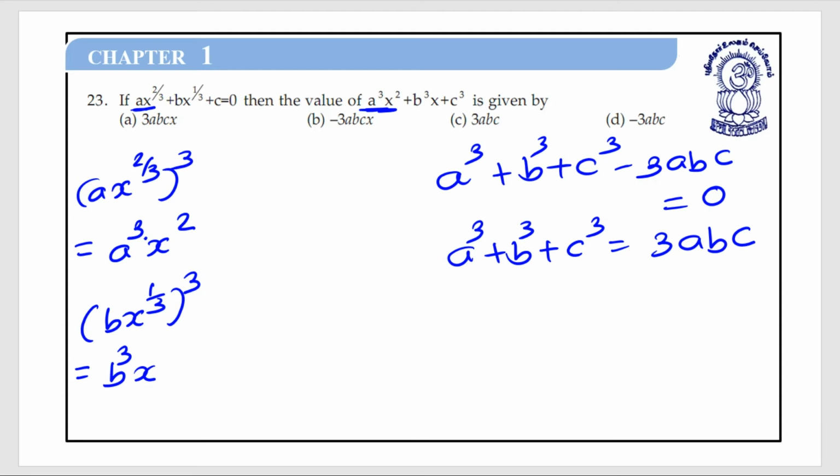Same we will get for this also, c cube is equal to c cube. Okay. So this is the form of a cube plus b cube plus c cube, so instead of a here, a x.